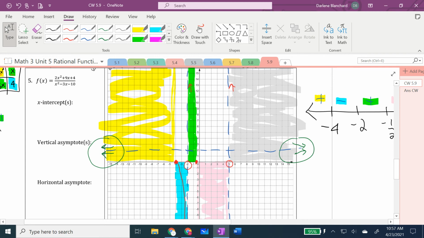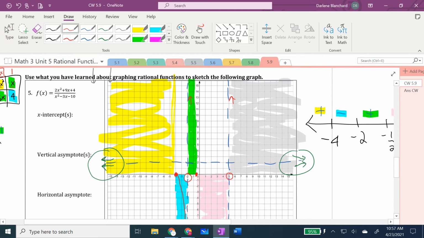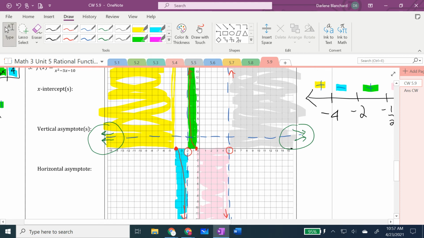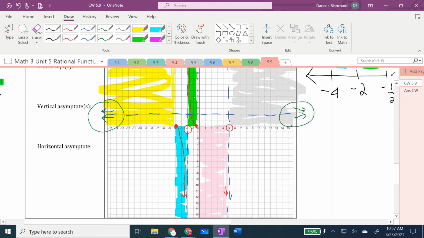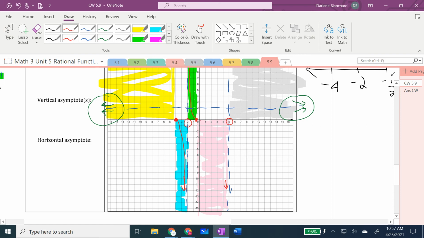I know that in the green, I am coming down from this vertical asymptote and heading to this x-intercept. How it curves, not exactly sure. In the pink region, I know I'm coming from this x-intercept and I'm going to head down this asymptote. How much does it curve? I'm not sure.